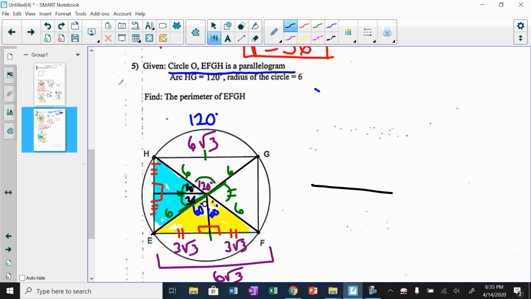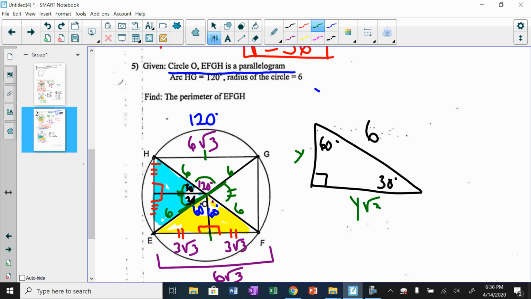And now I'm going to redraw this triangle that we have. So we have a 30, 60, 90. I know the hypotenuse is 6. So opposite the 30, let's call this y. Opposite the 60 is y root 3. And opposite the 90 is 2y.